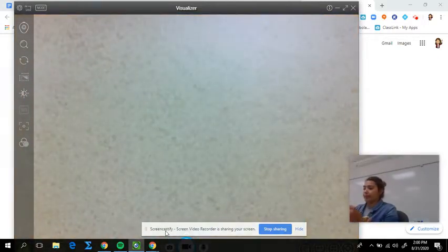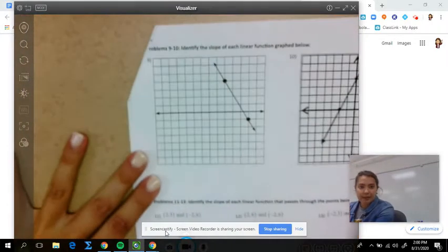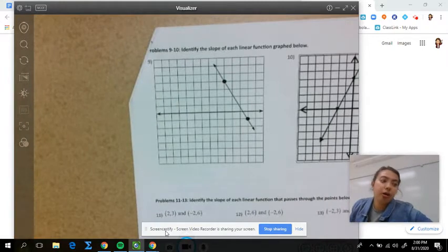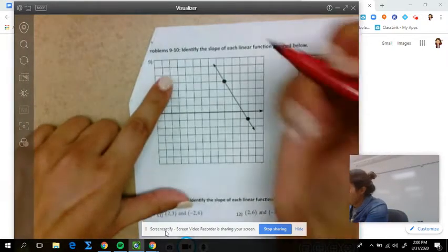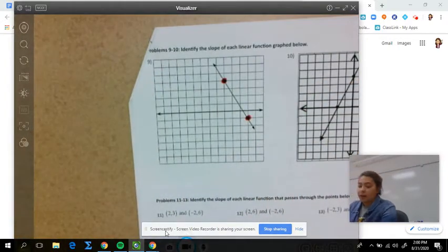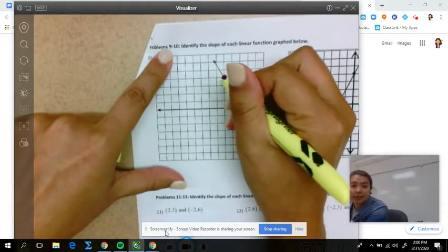If we want to change our mindset, here we want to identify the slope of the linear function that's graphed below. One thing you can do is look from point to point. If you take a nice highlighter, you want to go from your rise and your run.